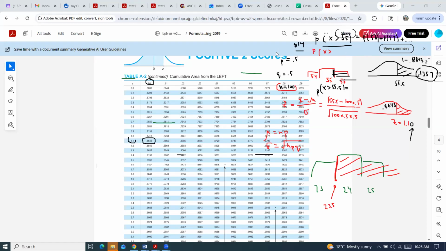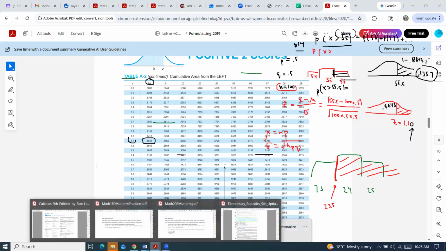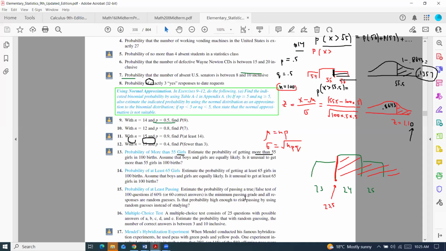Remember, this problem was about childbirth, and the exercise was saying estimate the probability of getting at least, no, it was 13. Actually I did 13. I was trying to do 14, but I did 13.